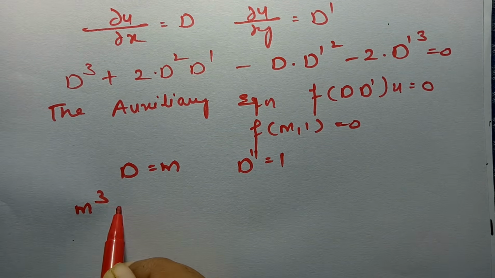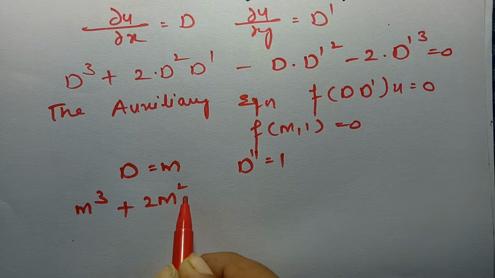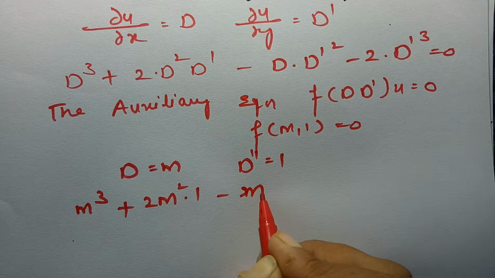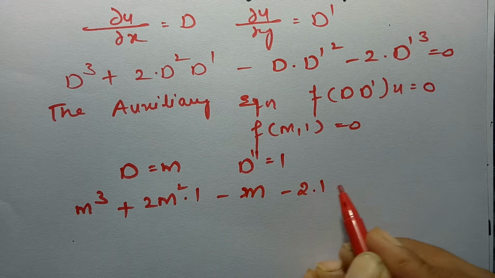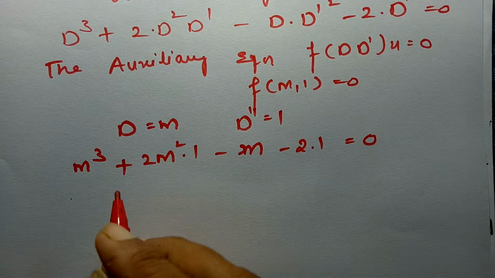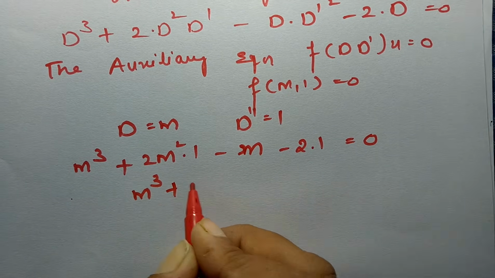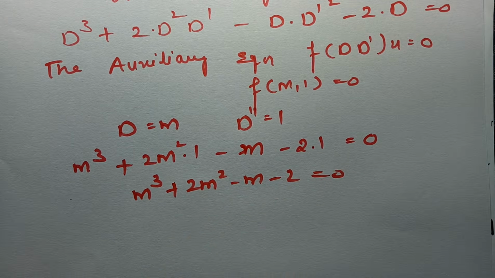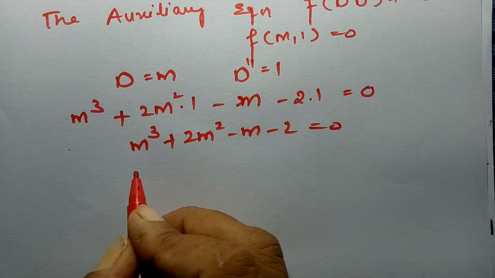It will be m cube plus 2 times m square into 1 minus, what is this D? D is nothing but m, minus 2 into 1 is equal to 0. So this equation is nothing but m cube plus 2m square minus m minus 2 is equal to 0. So I have to find the roots for it.